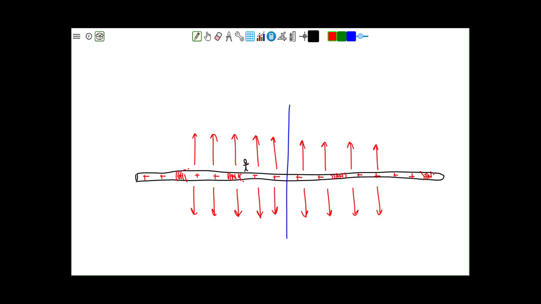For example, if we took a point in which we are looking end on to the wire, from that vantage point, we would see that the electric field is cylindrically symmetric about the wire, pointing radially away.